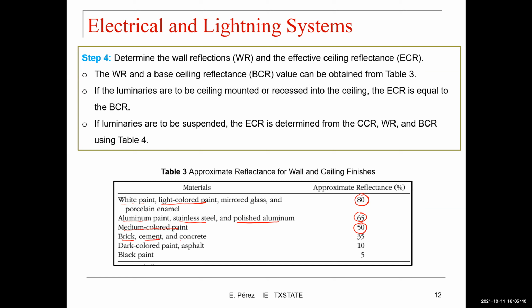Brick, cement, and concrete, 35. Dark color paint, 10%, and black paint, only 5. Those reflectance ceiling finishes are relevant. It's also going to impact the type of luminaire that you're going to need for your facility.